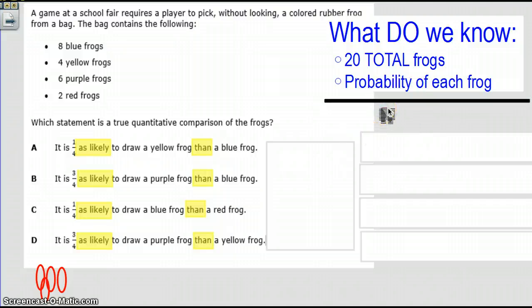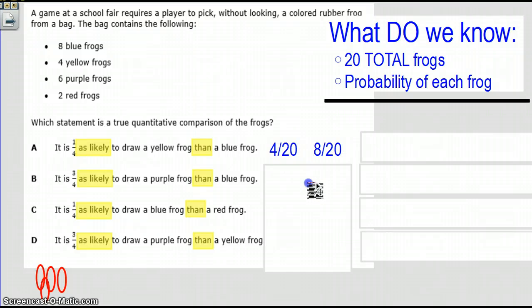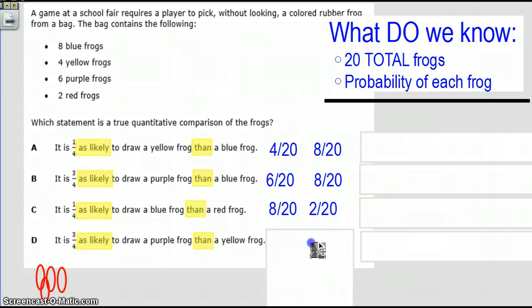Now, this is something you should have already done, because you could have done it even if the fractions confused you. You could have known that for the yellow frogs, there are 4 out of 20, and the blue frogs, there are 8 out of 20. The purple frogs are 6 out of 20. The blue frogs are again 8 out of 20, and the red are 2 out of 20.